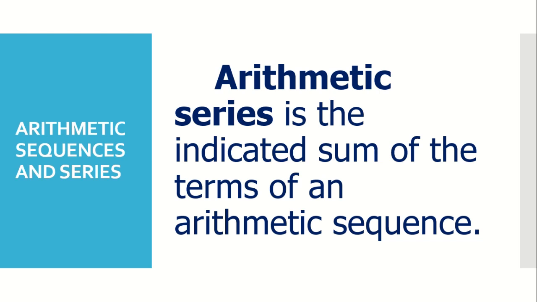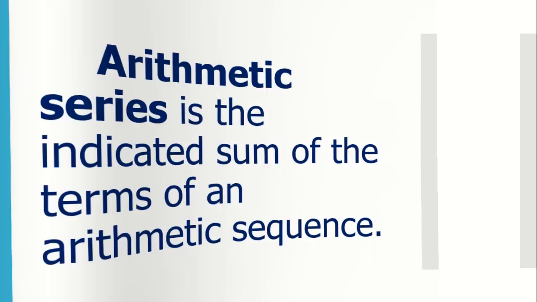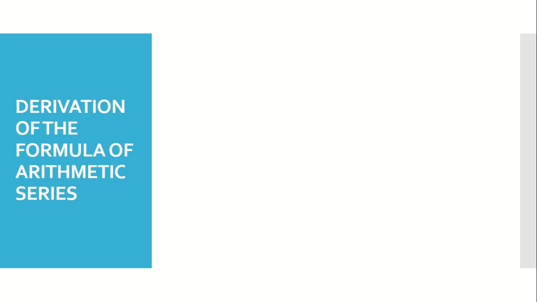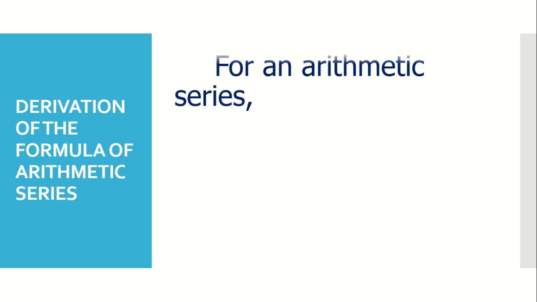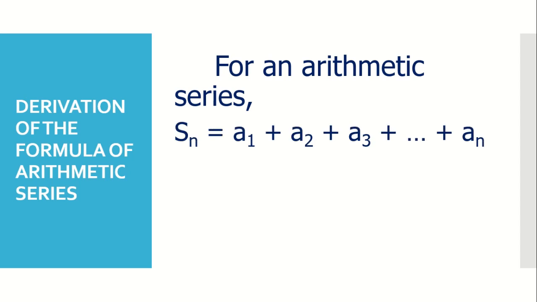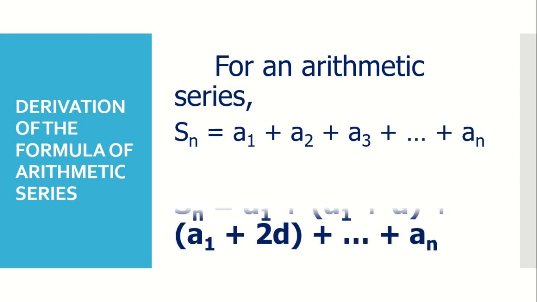What about arithmetic series? An arithmetic series is the indicated sum of the terms of an arithmetic sequence. To derive the formula of the arithmetic series, we have S sub n, referring to the sum, equal to a sub 1 plus a sub 2 plus a sub 3 until a sub n.